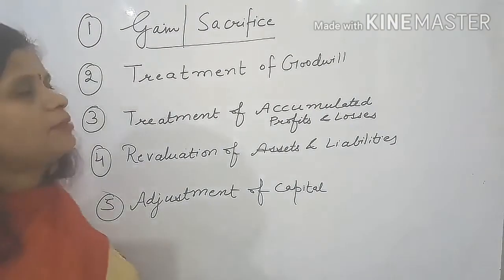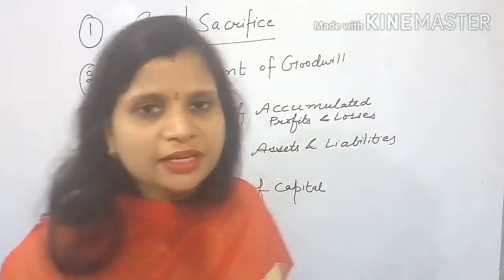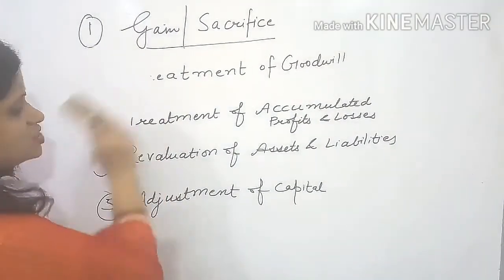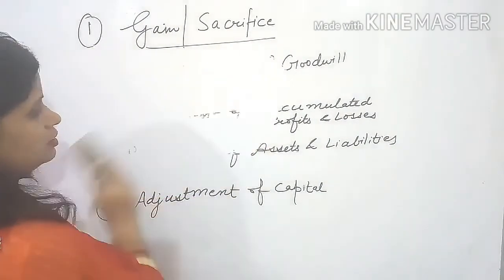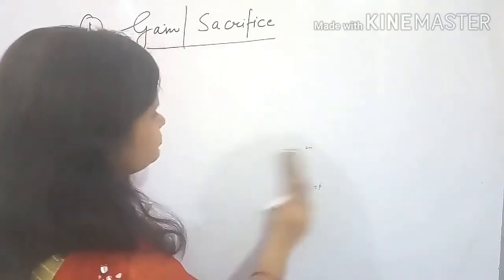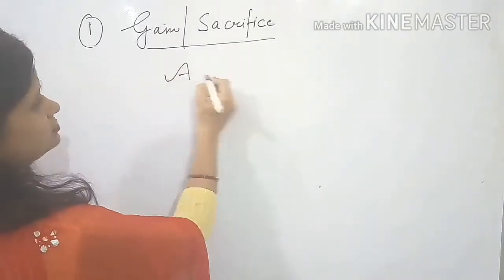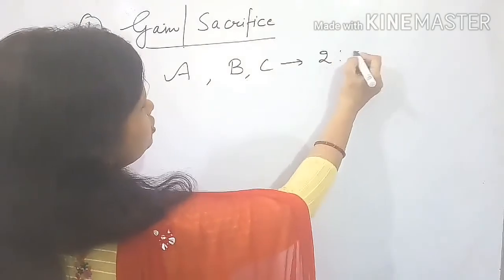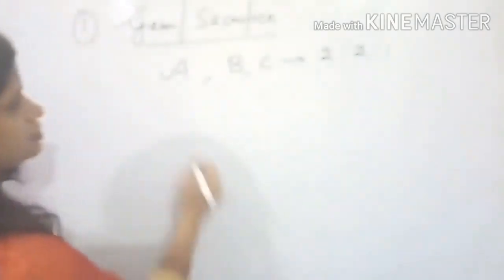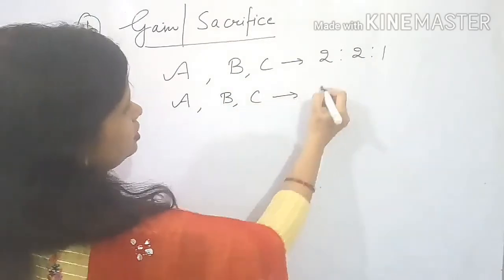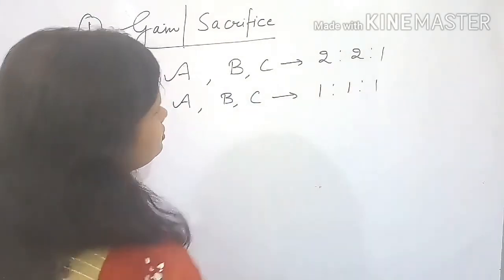Today we will study how to calculate gain and sacrifice, the first step. Take the same example, A, B, C. They are sharing profits in the ratio 2:1, and now their profit sharing ratio is decided to be 1:1:1.